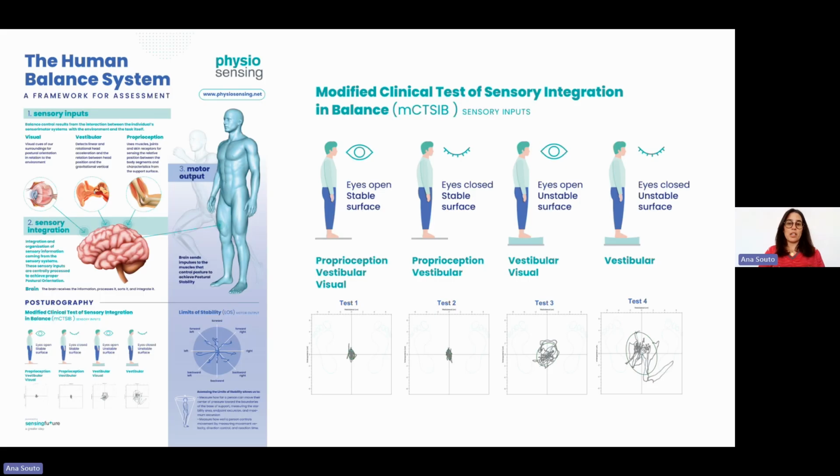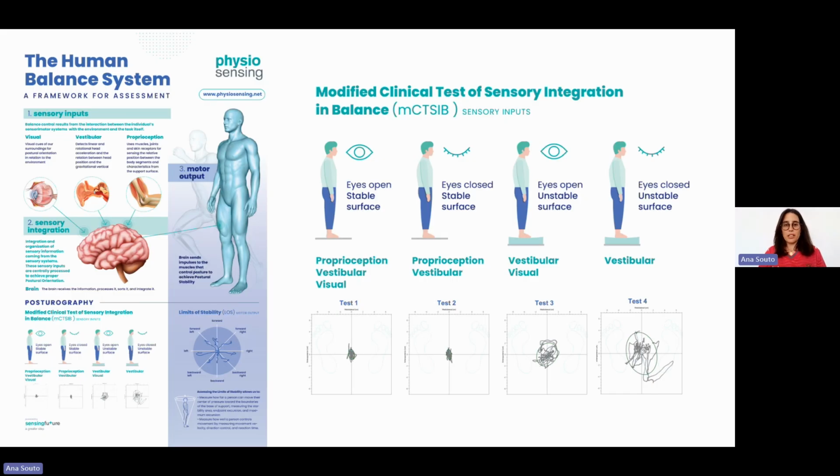Okay. So this is where the modified clinical test of sensory integration in balance can be a helpful tool. It's a simplified tool to test the integration of the information coming from the sensory systems in only 4 test conditions. So it is not a diagnostic test. We are not assessing if there are problems in the vestibular or in the somatosensory system.